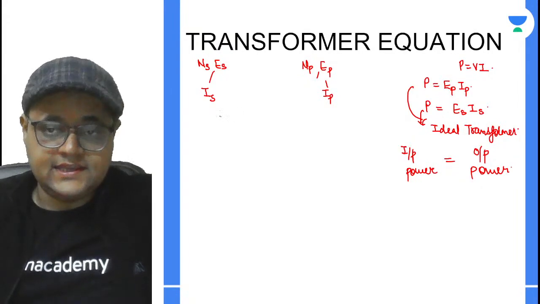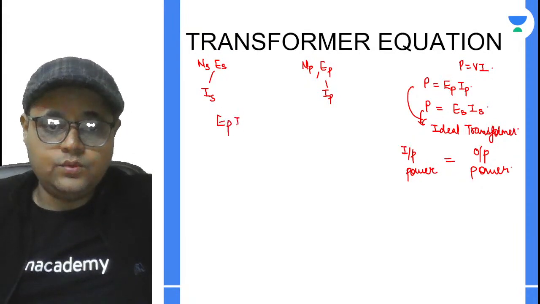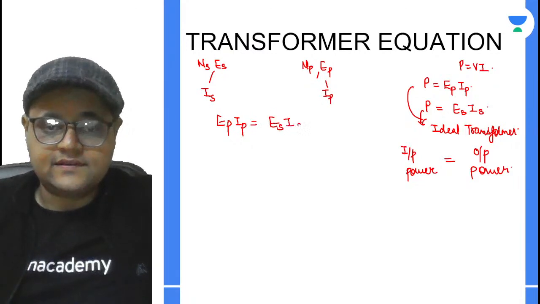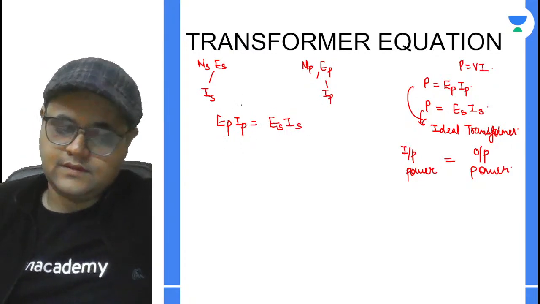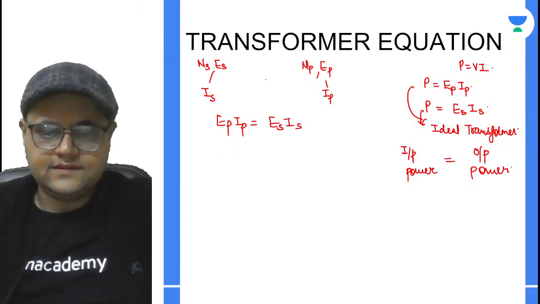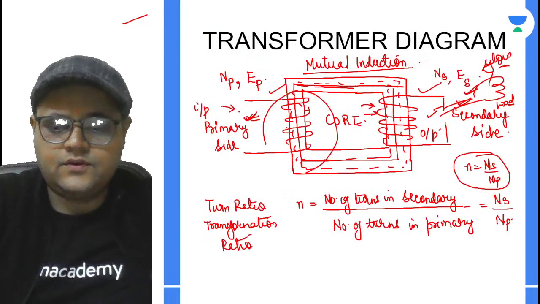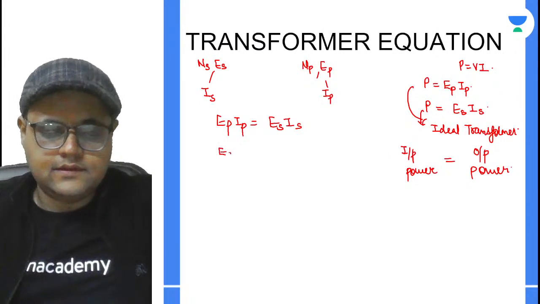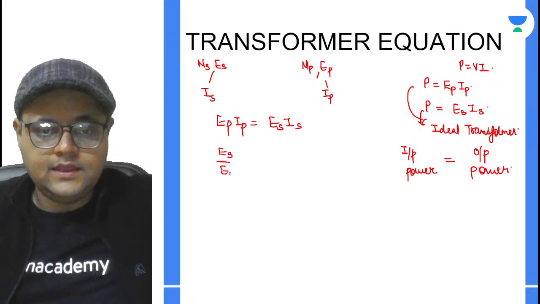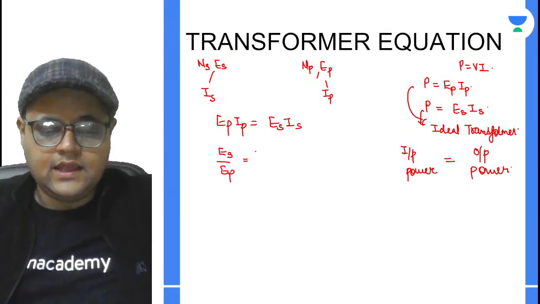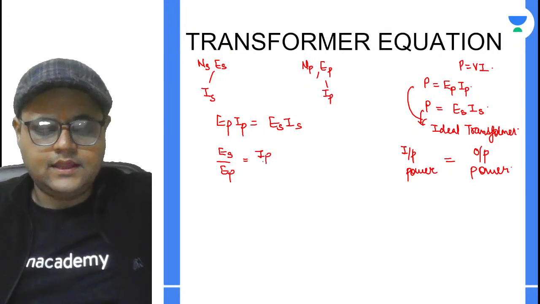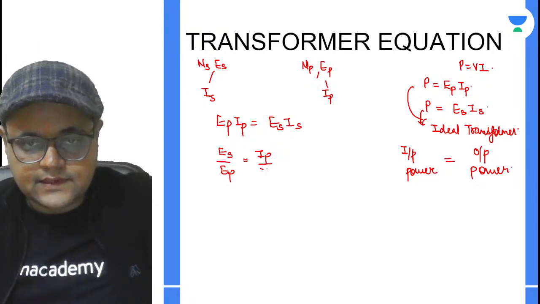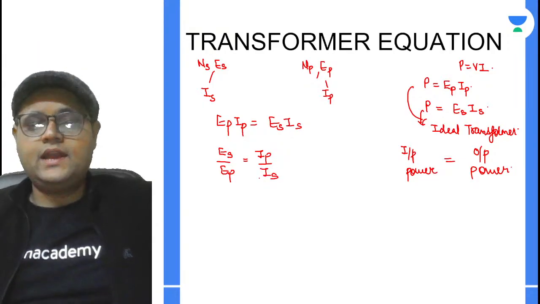So in that case, EP into IP should be equal to ES into IS. I hope you've understood this, yes or no? Now, ES upon EP can be written as IP upon IS.